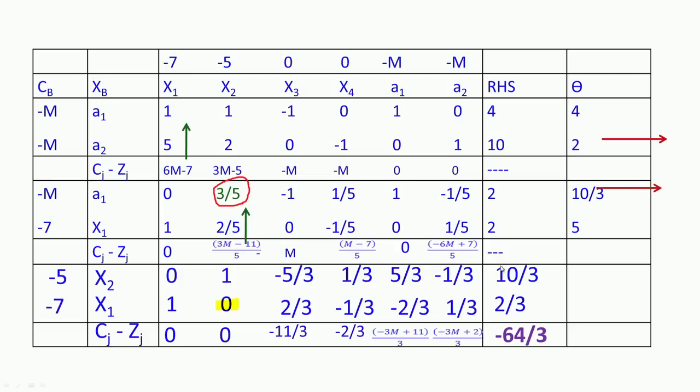So when we solve a minimization problem as a maximization problem, we will get a negative value, and finally we have to make it positive. So the optimum solution is x1 equal to 2 by 3, x2 equal to 10 by 3, and objective function is 64 by 3 for the minimization problem.